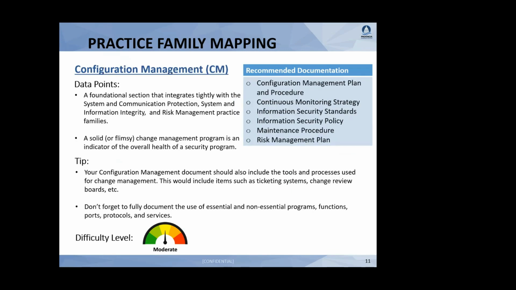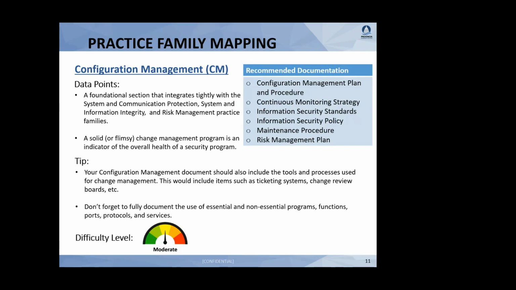All right, so configuration management. This is one of the foundational families that's really related to a lot of other families like system and communications protection, system and information integrity, and also risk management. So what we always tell clients is that when we look at your change management and configuration management programs, if your change management program is flimsy, then that's an overall indicator of your security program's health.